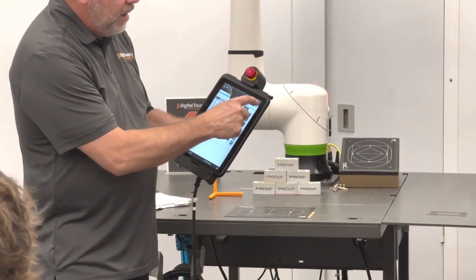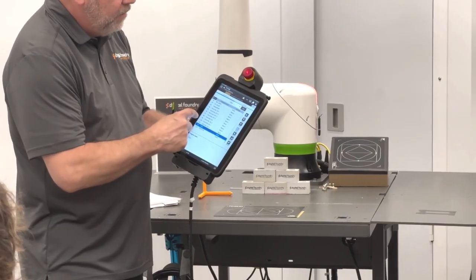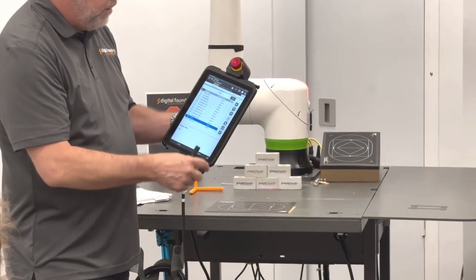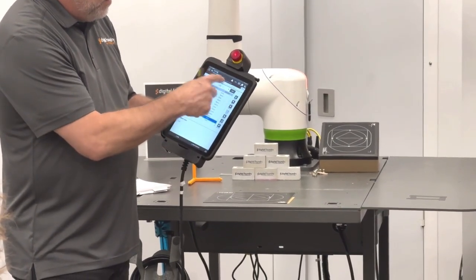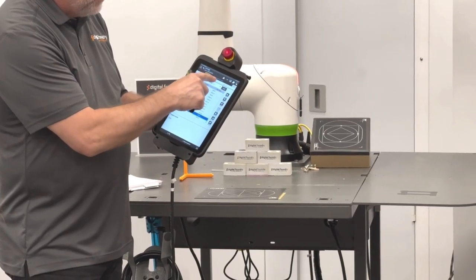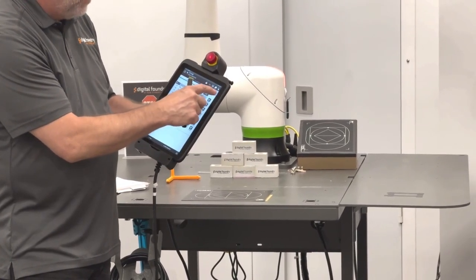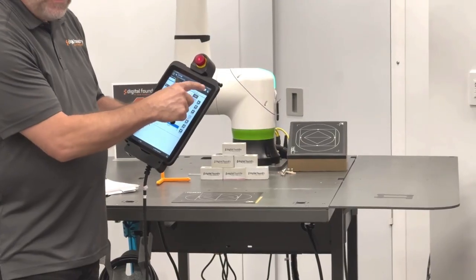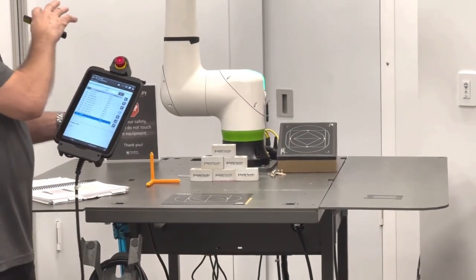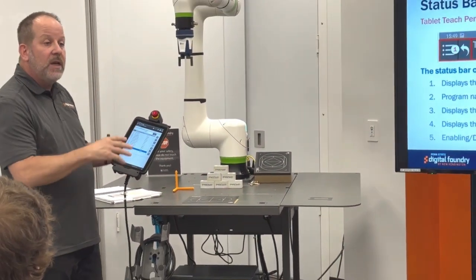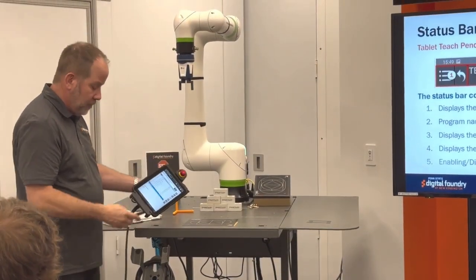That has to be enabled. So I will select that, and we're going to cover that here in a minute. And then I will have to reset the system because it's in an error mode or fault mode. But that's what that does. Now you hear it whine, and that means I've enabled the robot to be able to move.